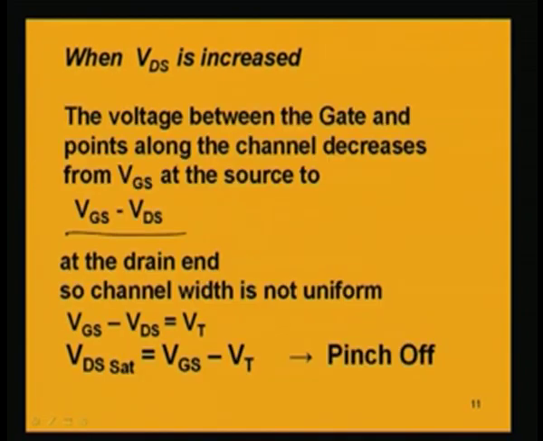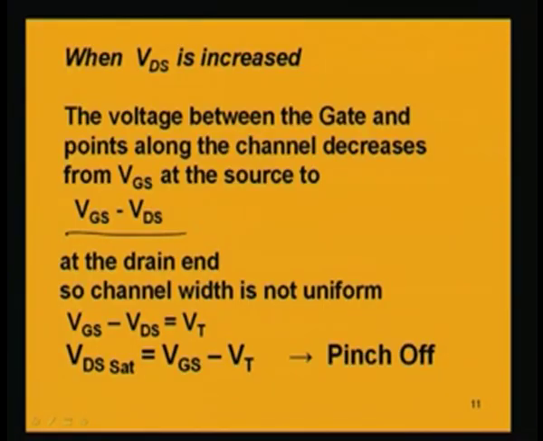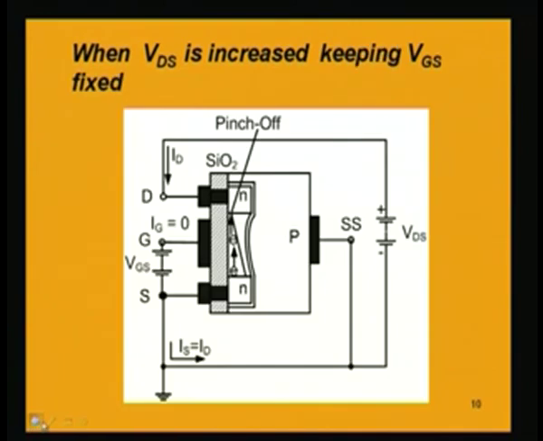The voltage between the gate and the point along the channel decreases from the VGS, which is the voltage when the point is on the source, and then if we go upward towards the drain, the voltage will be VGS minus VDS. If we now reach the drain end, then what will happen is that the channel width, which is between the drain and the source, will not be the same, it will be varying.